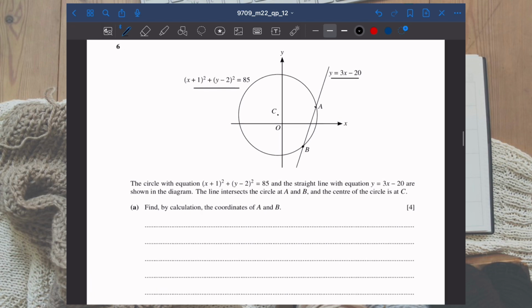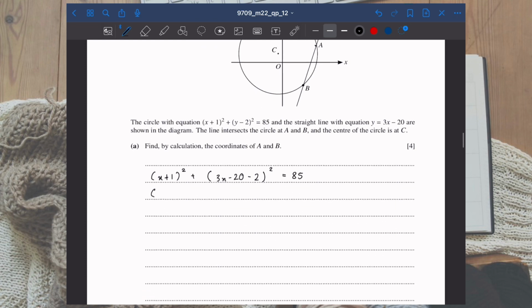So we'll write it as (x plus 1) squared plus, for y, we write (3x minus 20 minus 2) squared equals 85. So we will get (x plus 1) squared plus (3x minus 22) squared equals 85.